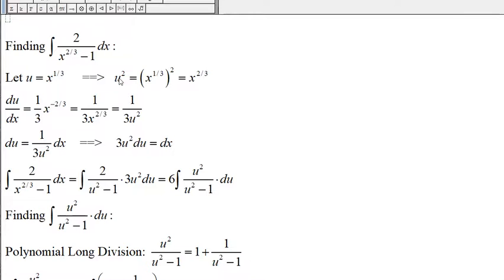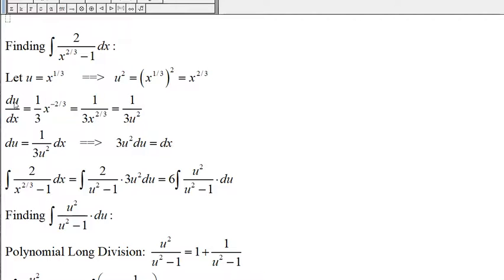Then u squared is (x^(1/3)) squared, and we multiply these two exponents. 1/3 times 2 is 2/3. So u squared is x^(2/3), u is x^(1/3).